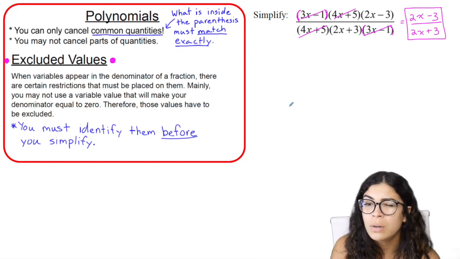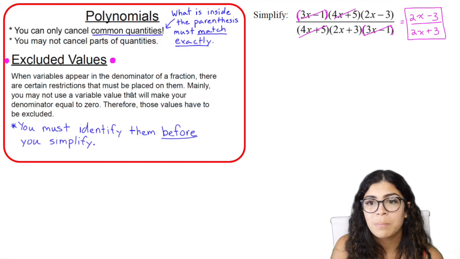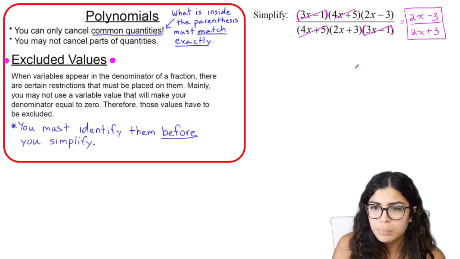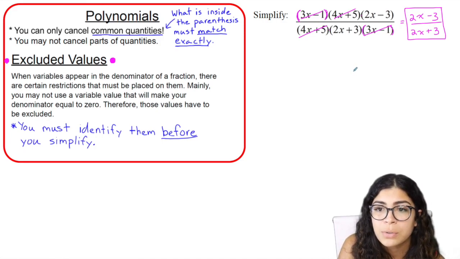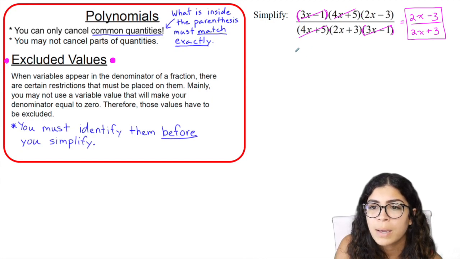So the excluded values are any values that would make the denominator 0. And if it makes the denominator 0, then it cannot be that number. So how you find this is it's already factored, and you want to do this from factored form because it's very easy. So we have 4x plus 5, that cannot be 0. 2x plus 3, that cannot be 0.